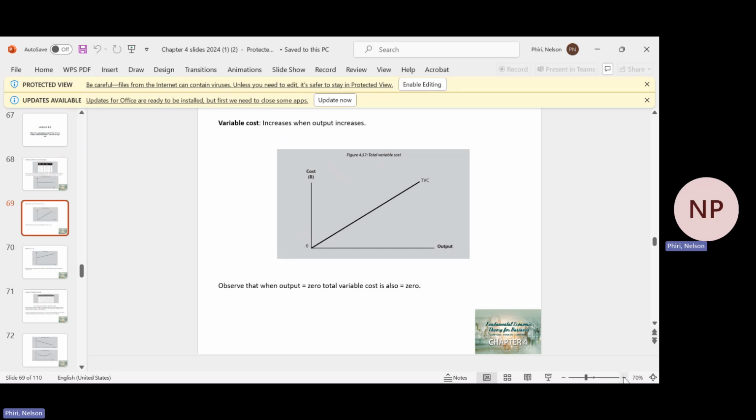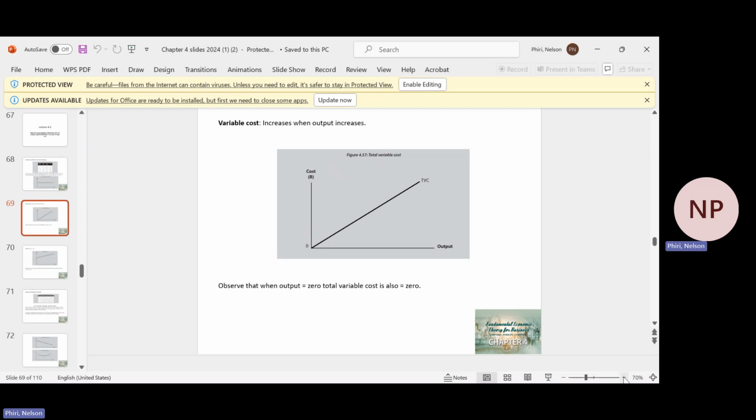Then the slide is illustrating the graph for your variable cost. If you remember from your mathematics, the graph y equals x, that is more or less how total variable cost looks, a straight line which starts at 0.